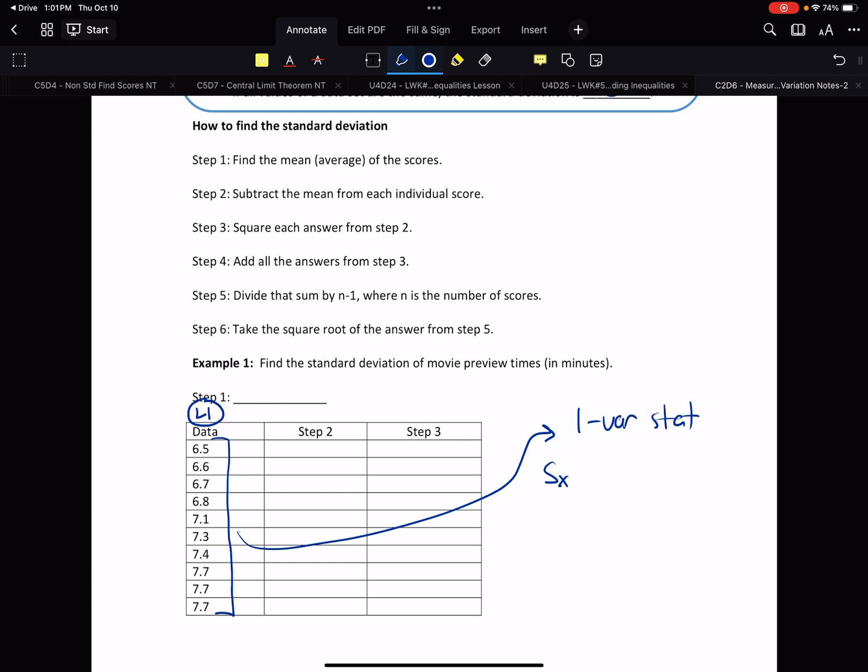All right, so we got Sx, which is your sample standard deviation, and you got that sigma x, which is your population standard deviation. So if we go through the whole process here of calculating our Sx, our sample standard deviation, we type into L1, we do one variable stats, and our sample standard deviation is 0.477. All right, and we'll talk about what that standard deviation means in a minute.